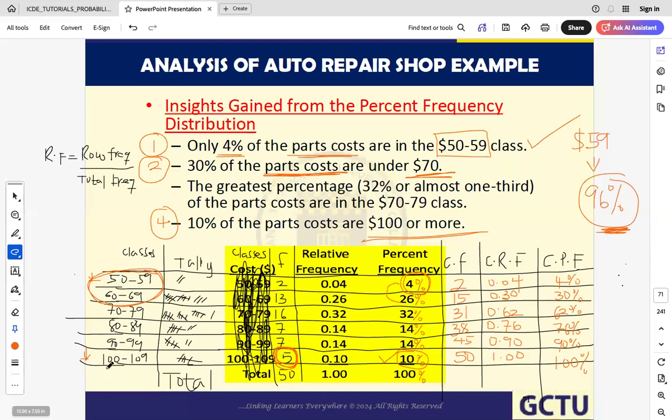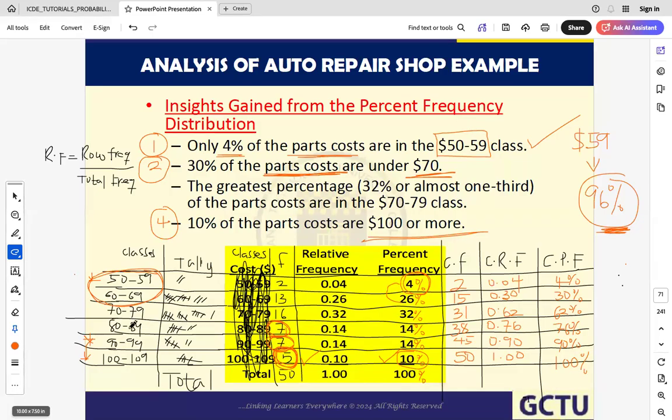All invoices that had more than $100, they were 5 out of the 50. All invoices that had between $90 to $99 were also 7. All invoices that had $80 to $89 were also 7.